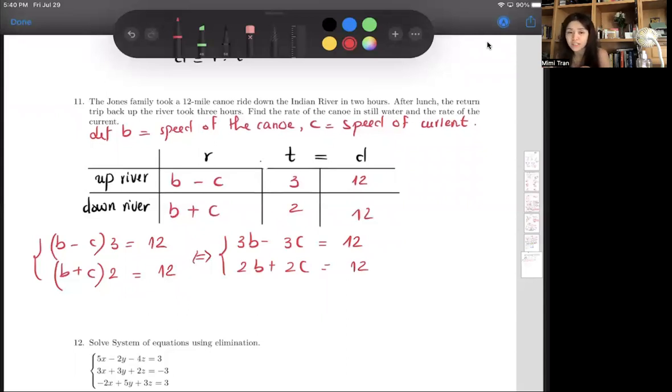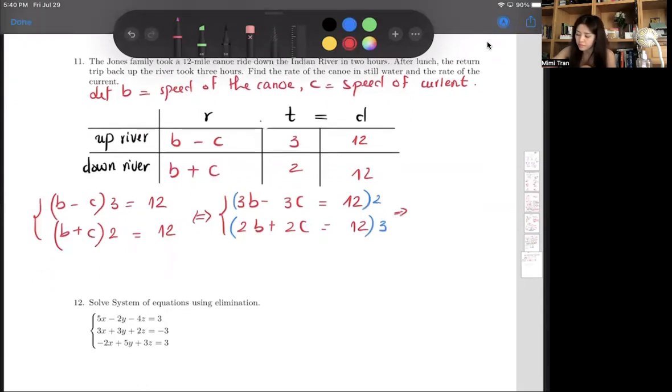Because they're already opposite. All I have to do is multiply the first equation by 2, and then multiply the second equation by 3.